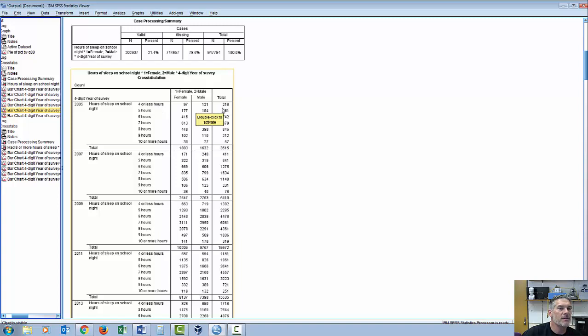So in 2005, you scroll all the way up to the top of that one, 218 males and females said, I slept less than 4 hours. So I literally have exact counts and exact numbers and data.